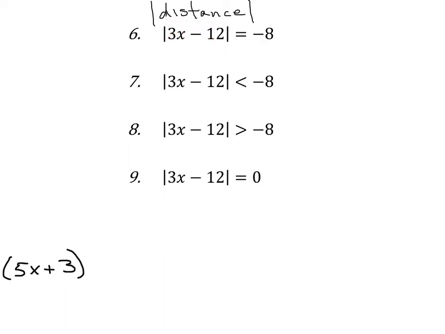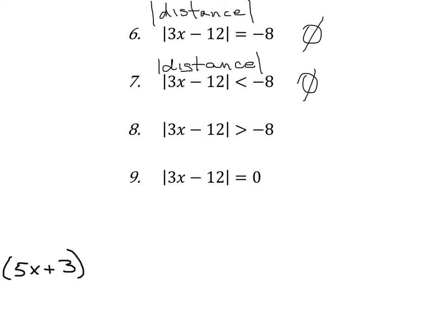So you have no solution, or your solution is going to be the empty set. Similarly, if you have that a distance is less than a negative number, remember everything here represents distance in the absolute value. So this is a distance. It cannot be less than a negative number, and it cannot be equal to a negative number. So you also have the empty set.